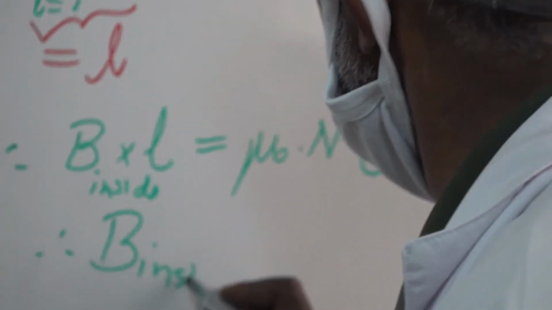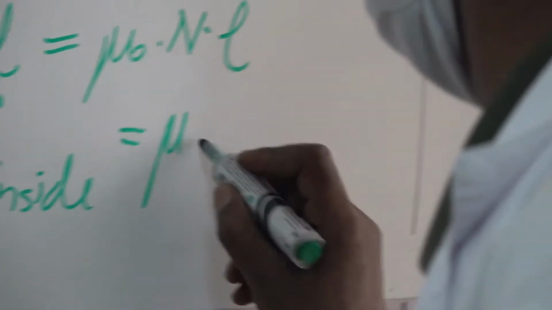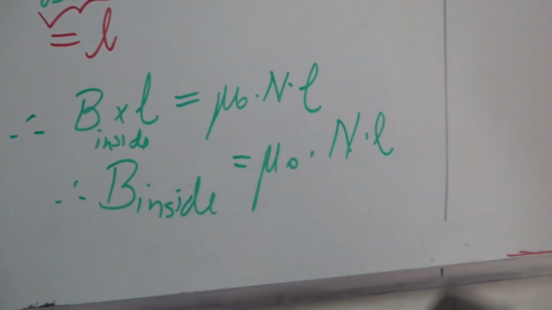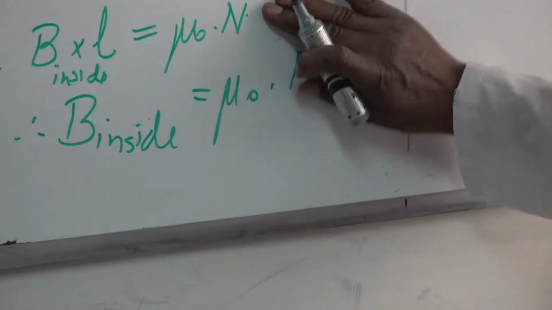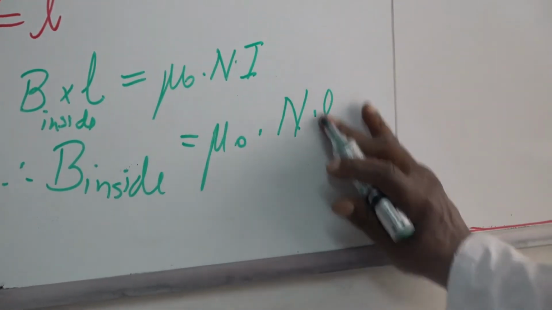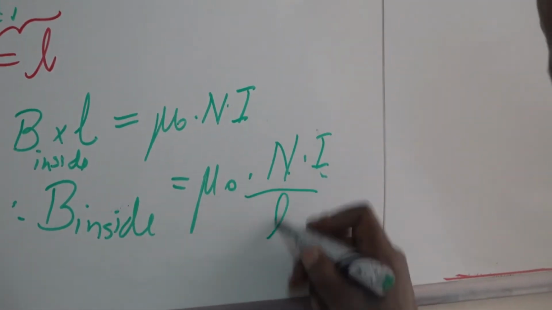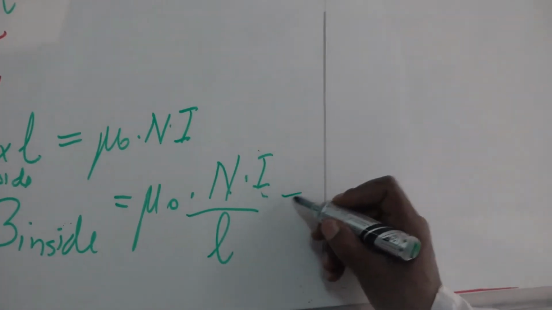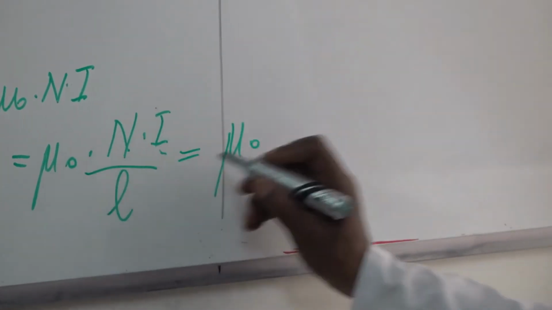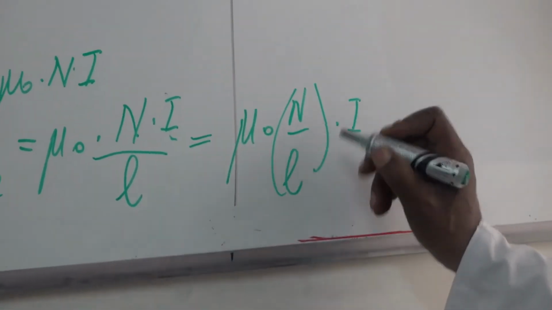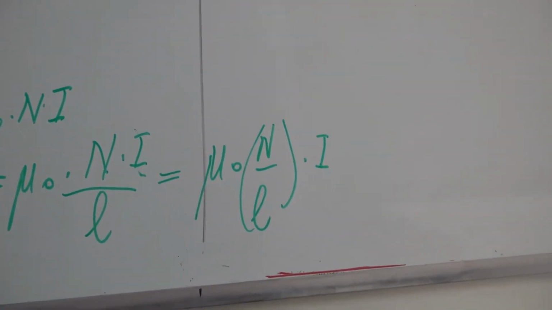B inside the solenoid is equal to mu 0 N I divided by L. Now, interestingly, N over L is sometimes called turn density, and in physics is given a small letter n as a symbol, at least in your book.